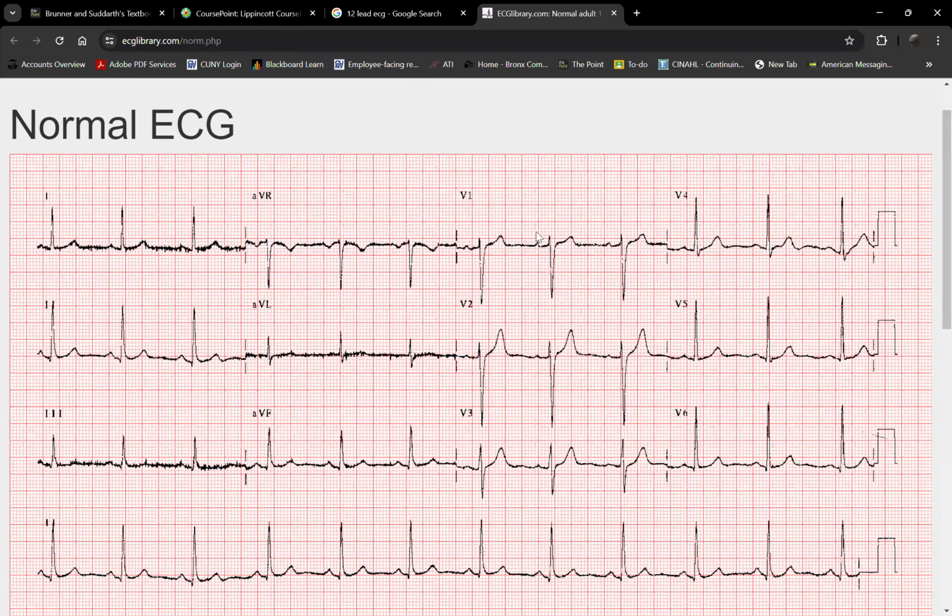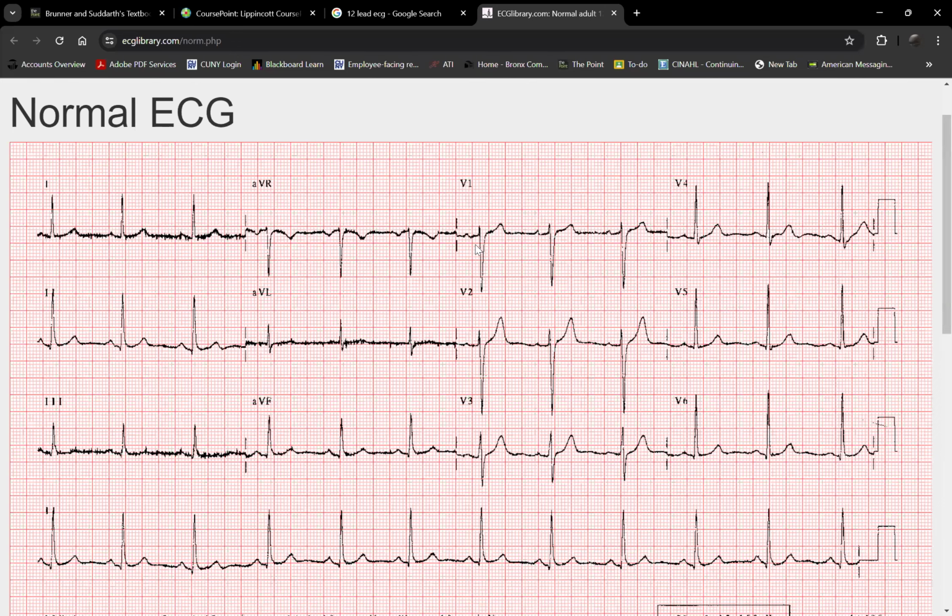All right, so here's a 12-lead ECG. So there are 10 electrodes giving you 12 different views. Now, this is the same patient who has a 12-lead ECG. Okay, so you see here lead 1, lead 2, lead 3, and you got 4.